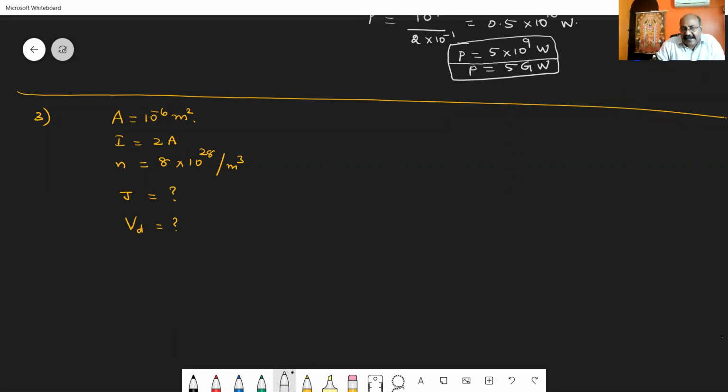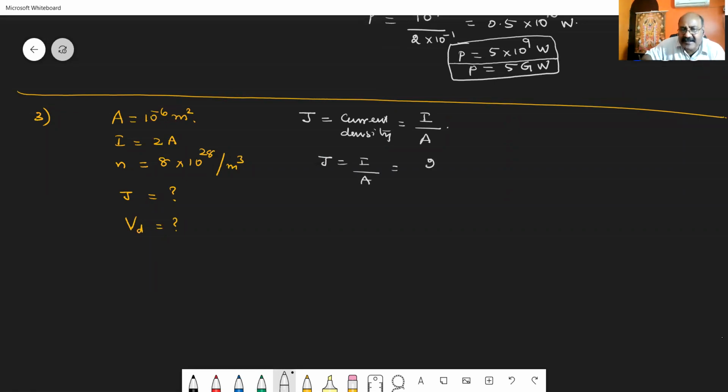First of all, let us calculate the current density. We know that J is current density. Current density J is equal to current per unit area. J is equal to I by A. So what is the value of I and what is the value of A?